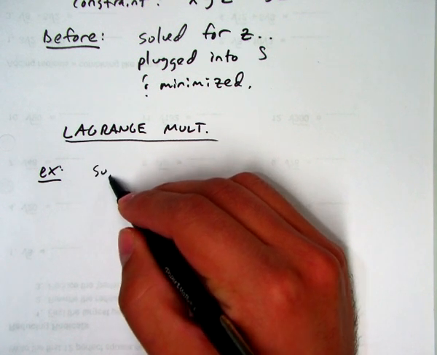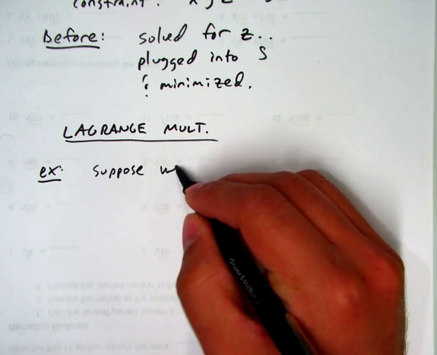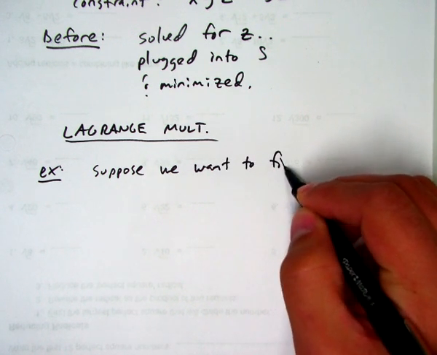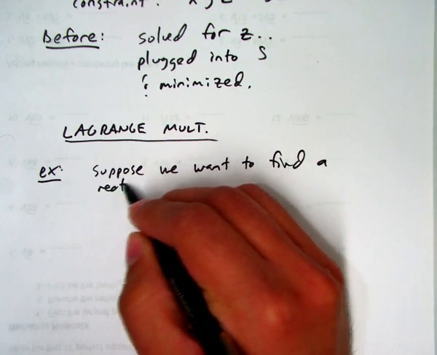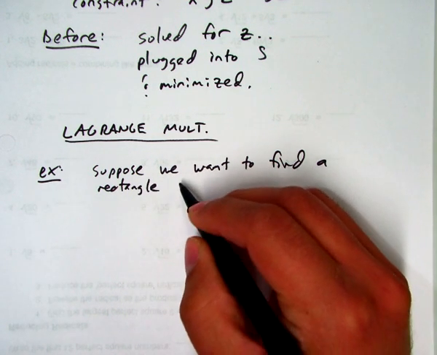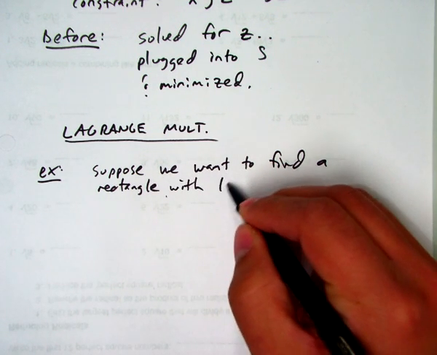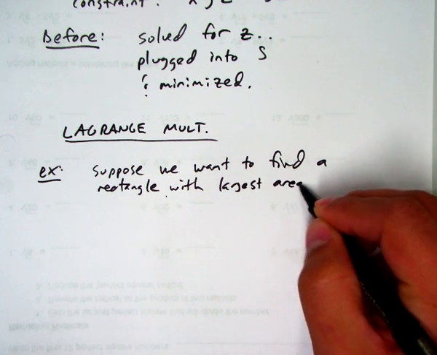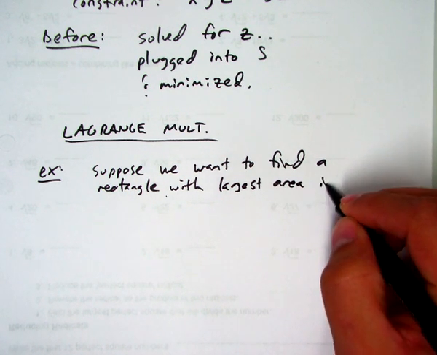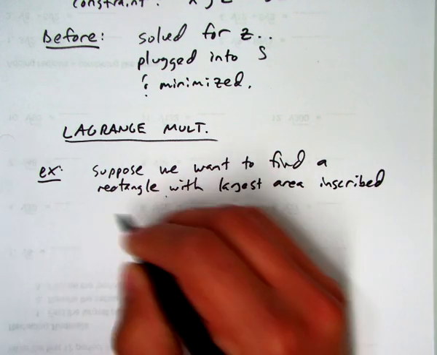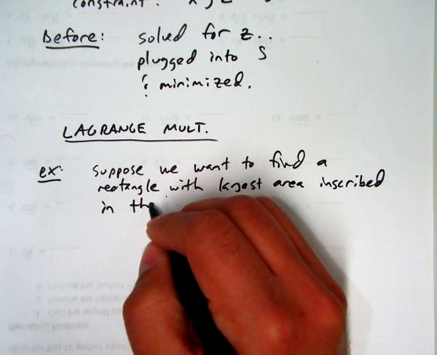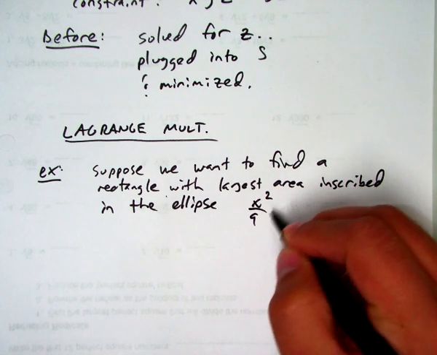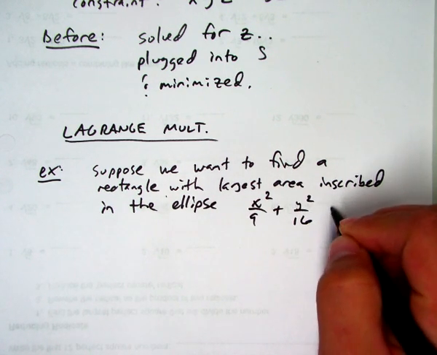Suppose we want to find a rectangle with the largest area inscribed in the ellipse x squared over 9 plus y squared over 16 equals 1.